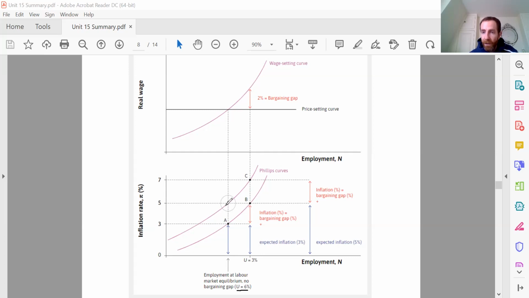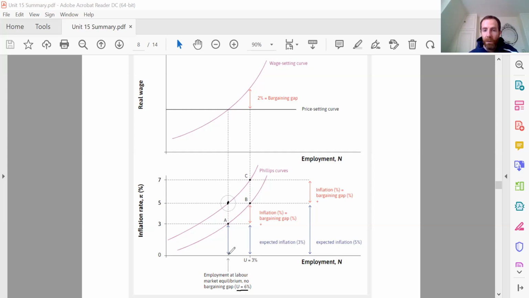Expectations have shifted from people expecting 3% inflation at the labor market equilibrium to now expecting 5% inflation at the labor market equilibrium. And this is the key shift, right? This has shifted us to a higher Phillips curve, because now at the equilibrium, people are expecting higher inflation.